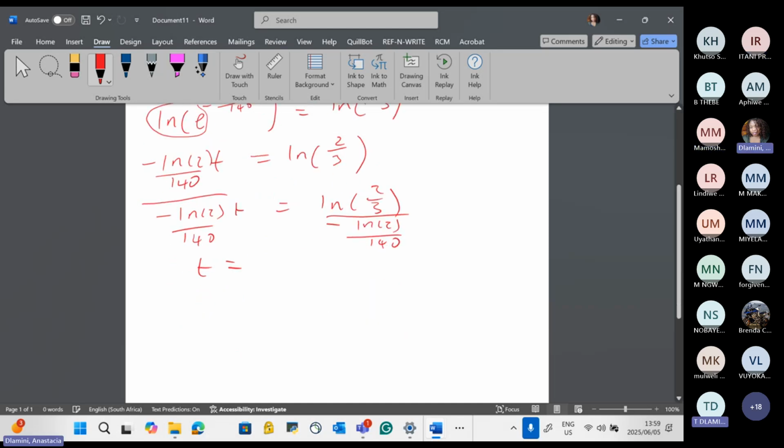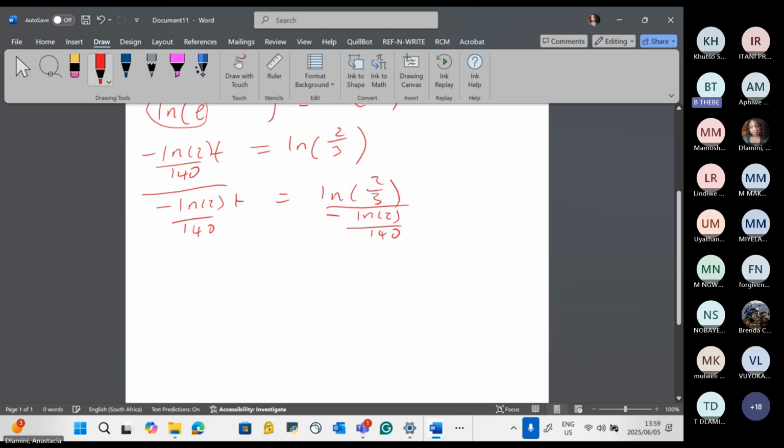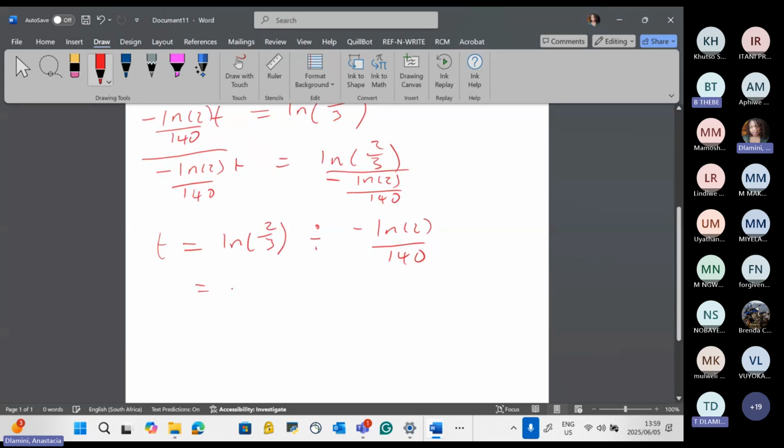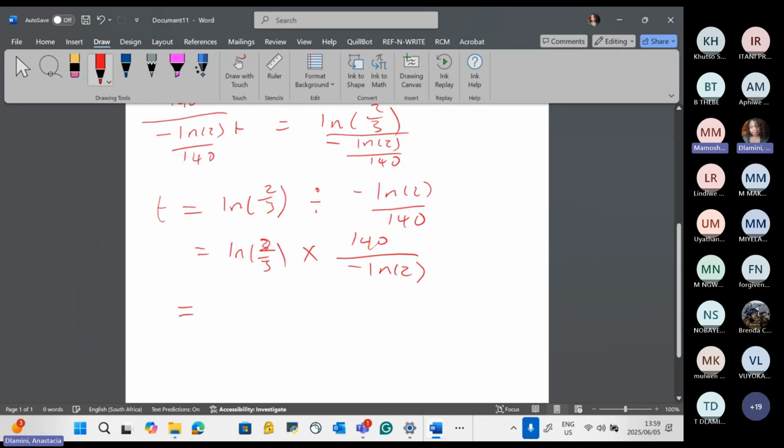Let's simplify that. We can write it as ln of 2 over 3 divided by negative ln of 2 over 140. When we divide, it changes to multiply. So this is equal to 140 ln of 2 over 3 over minus ln of 2.